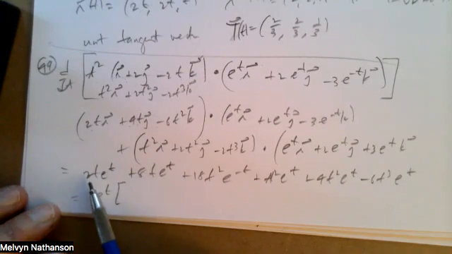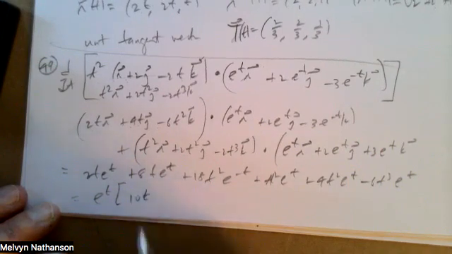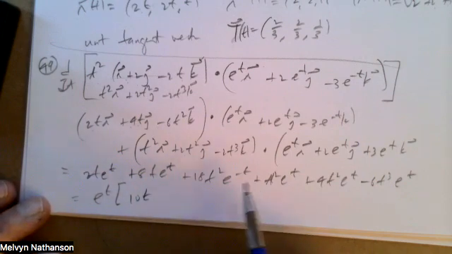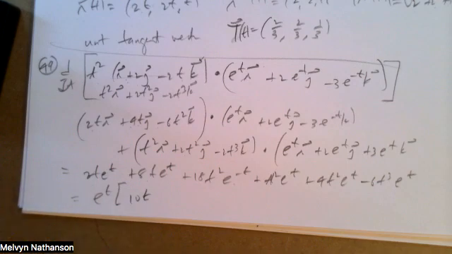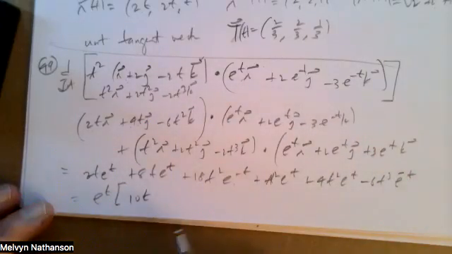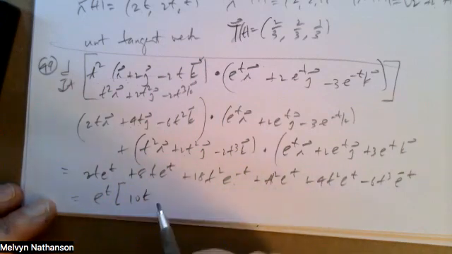I get 2t plus 8t is 10t. I have 18t squared. Oh, sorry, I can't factor out e to the t, I have e to the minus t there. It's minus e to the t. That's right. So then I have minus t squared plus 4t squared.